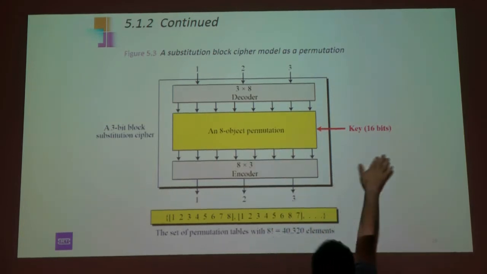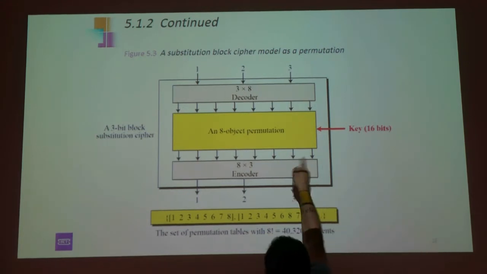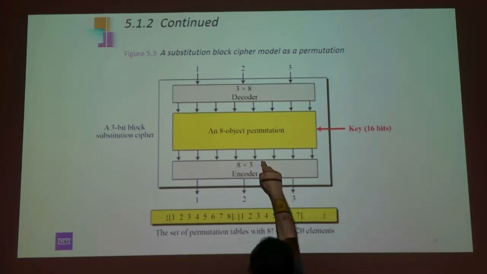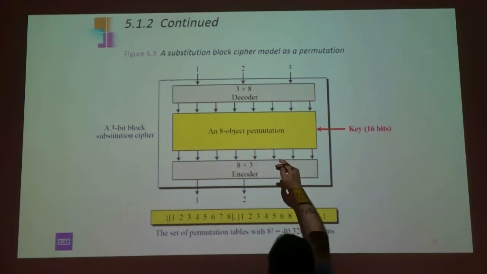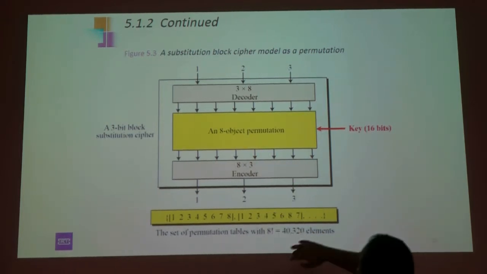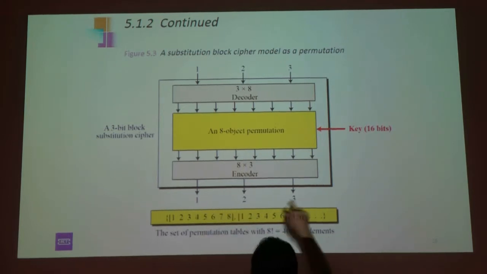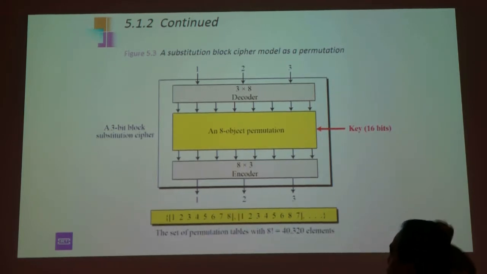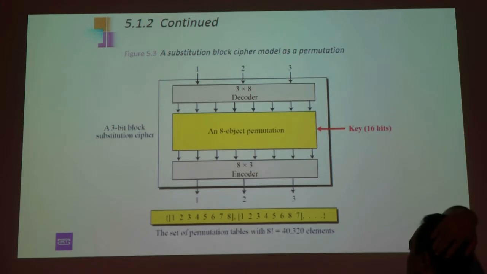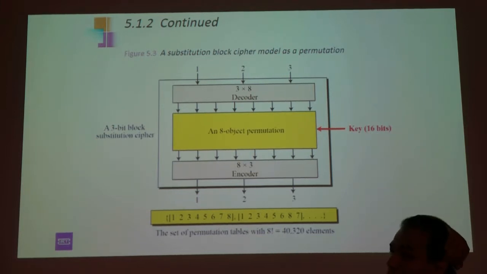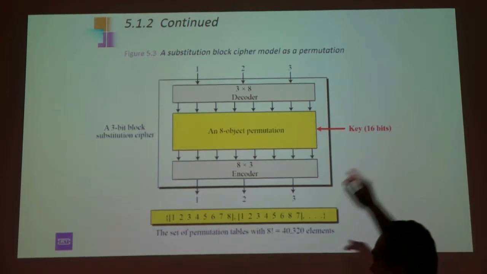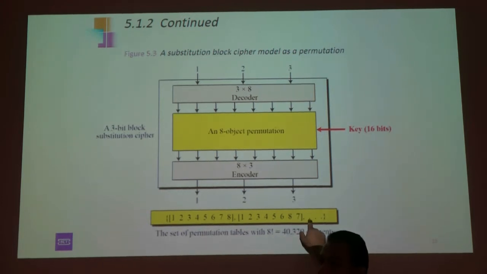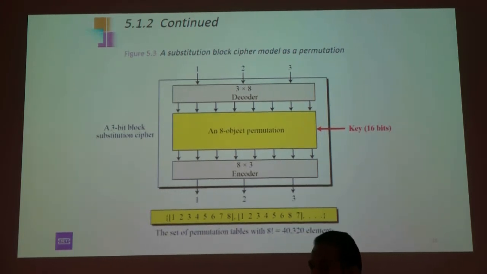You have a key, 16 bits for example, for the permutation, and then the 8 will be changed back to 3. So how many options do you have here for this permutation? 8 factorial, which is about 40,000 different options.